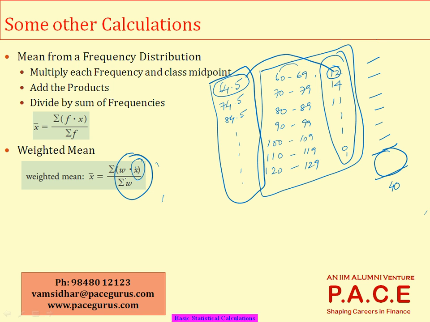I am multiplying each x with its corresponding w, which is its corresponding frequency, and dividing the total by the summation of all the frequencies, which is the summation of all the weights that are assigned. So the way we are computing the mean of a frequency distribution is also called a weighted mean.